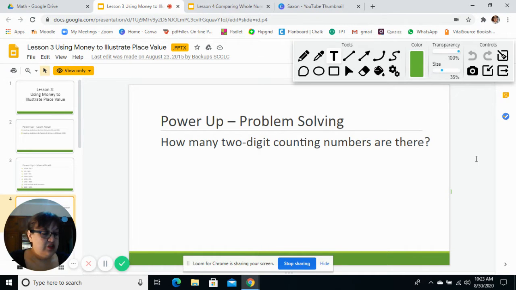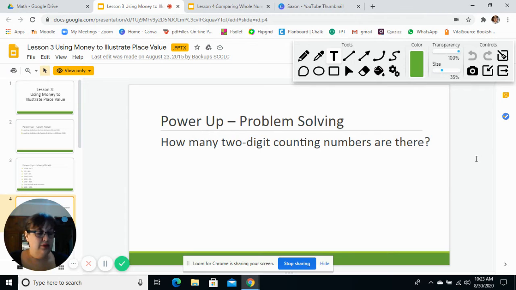Well, the greatest two-digit counting number is 99. Because the next number is what? The next number is 100, and that now has 3 digits. So we know our greatest two-digit counting number is 99. All right, suppose then you listed all of the counting numbers from 1 to 99. How many numbers would you list?